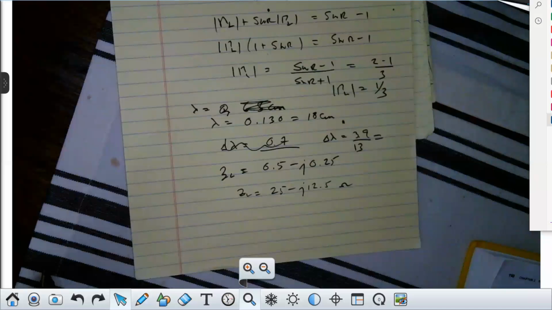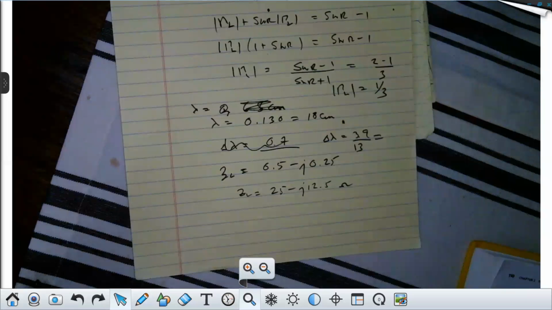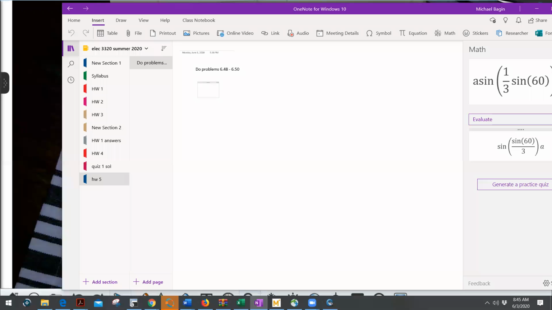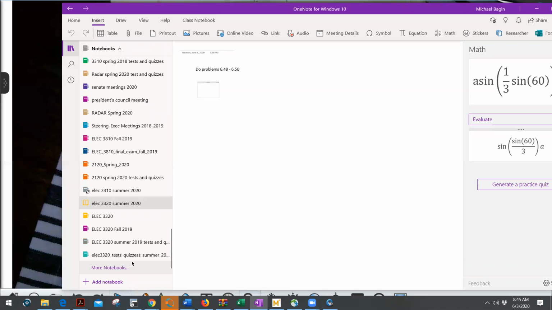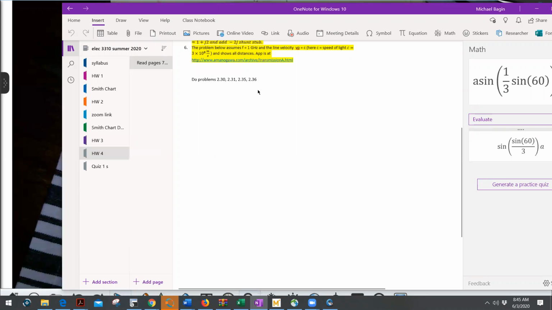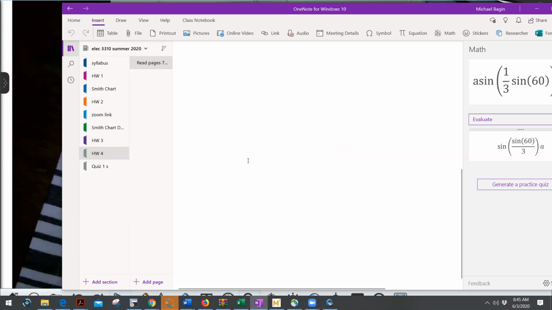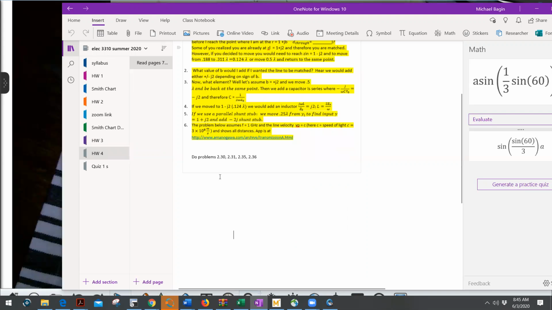Where's my OneNote? Hey, those things are supposed to be there. Tell you what, I'll get this for you right now. I'm very sorry about that, but there should have been.